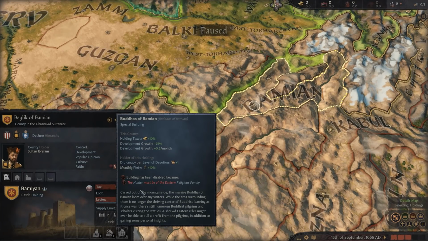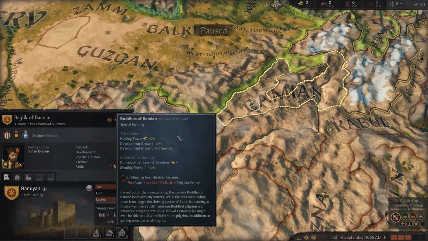As you can see here, the holder must be of the Eastern religious family for it to be enabled. It is disabled because the holder is not of the Eastern religious family. And with each of these, and this is unique to the unique holy buildings, they are enabled by religions or by certain things. Like if any religion views something as a holy site, it is enabled. So I will mention those as well.